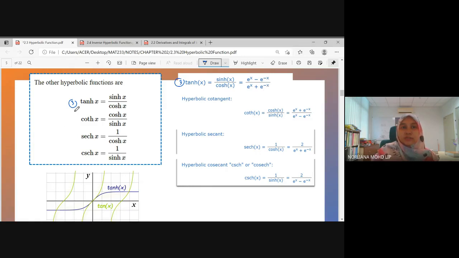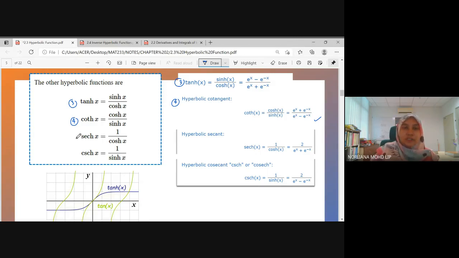And number 4 is the hyperbolic cotangent, equal to hyperbolic cos over hyperbolic sine. And this is the equation for hyperbolic cotangent. It's the inverse, it's 1 over tangent, cotangent.